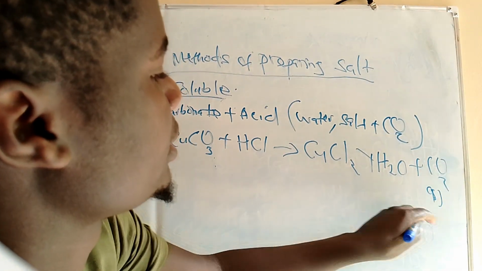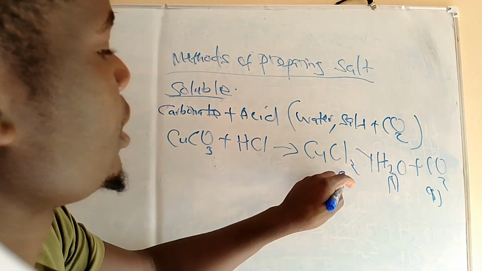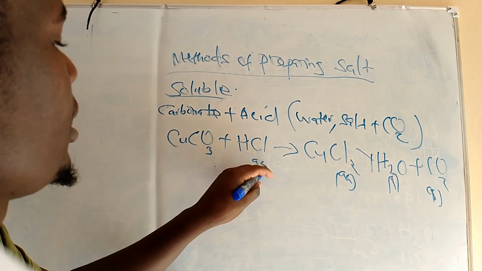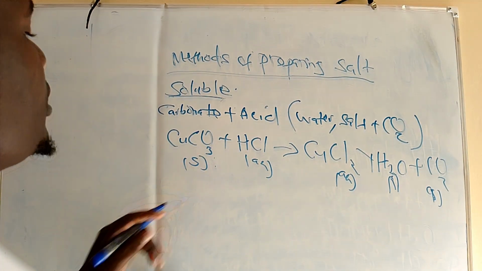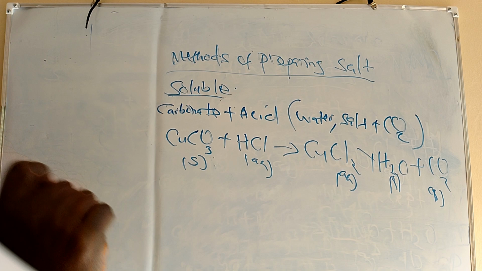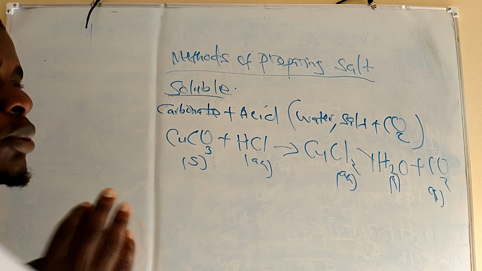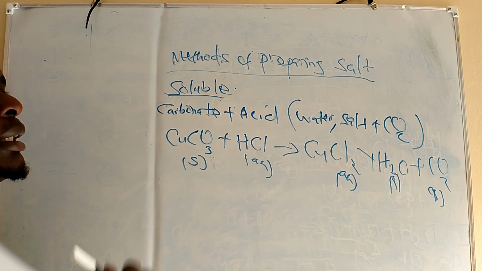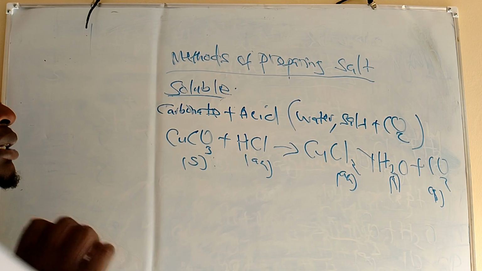This is a gas, liquid, aqueous, and then aqueous. This is a solid. That's another way of preparing soluble salt, through the reaction between a carbonate and a suitable acid. That's where we are getting it wrong. Must be a carbonate and a suitable acid.